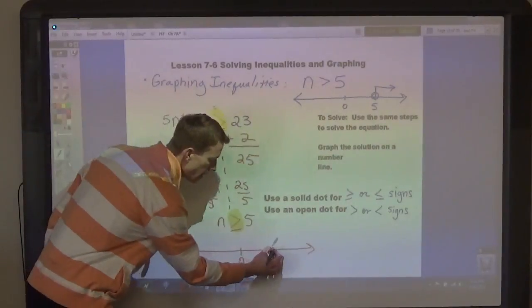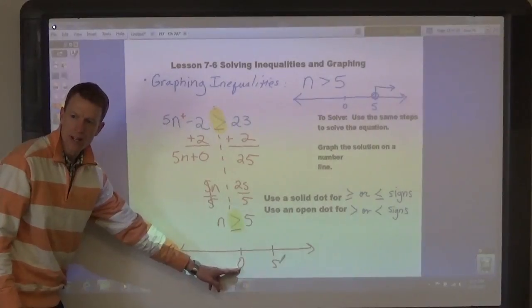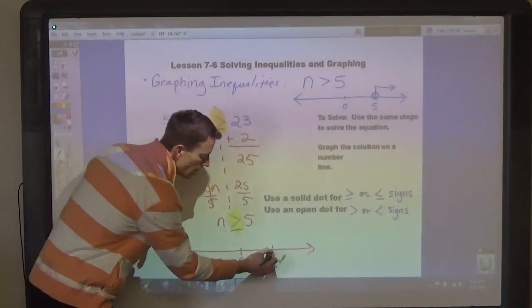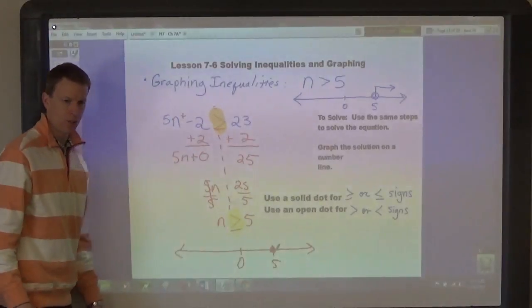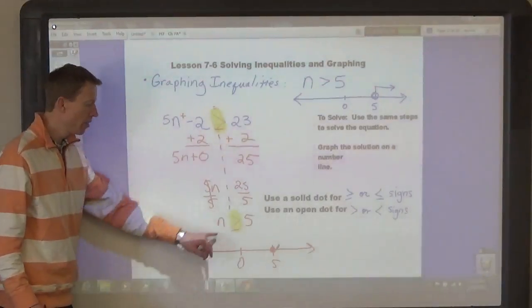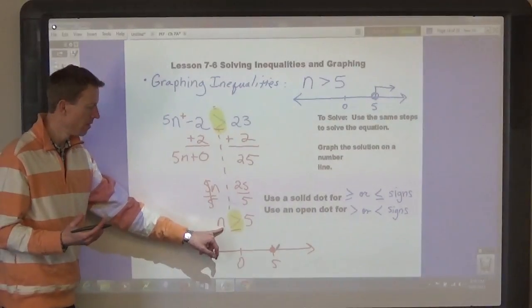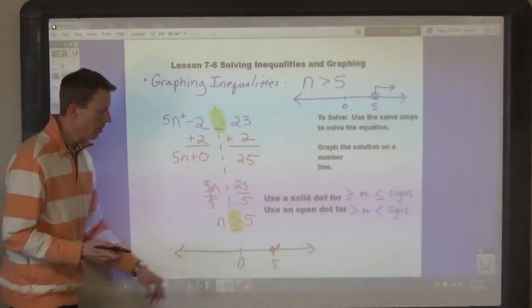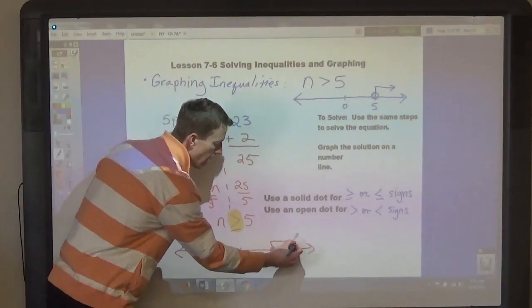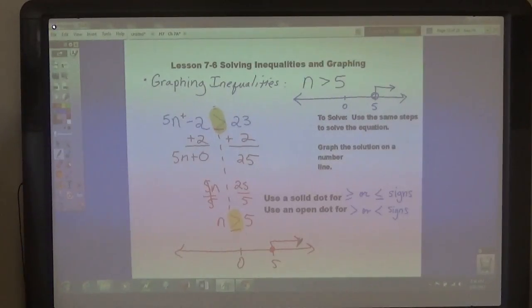We would use a solid dot. So you draw a number line, mark where 0 is, use a solid dot, which means that 5 is included in the solution. So n could be 5, because 5 is equal to 5, and we have the equal sign as part of the symbol. And then n is greater than or equal to, so we also have to draw the arrow, or shade, that way it's called.